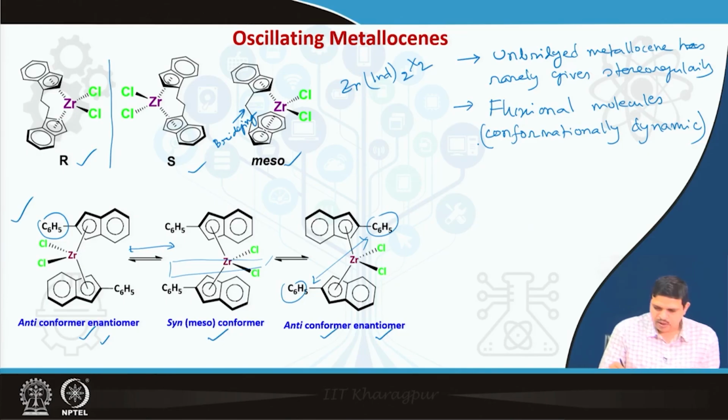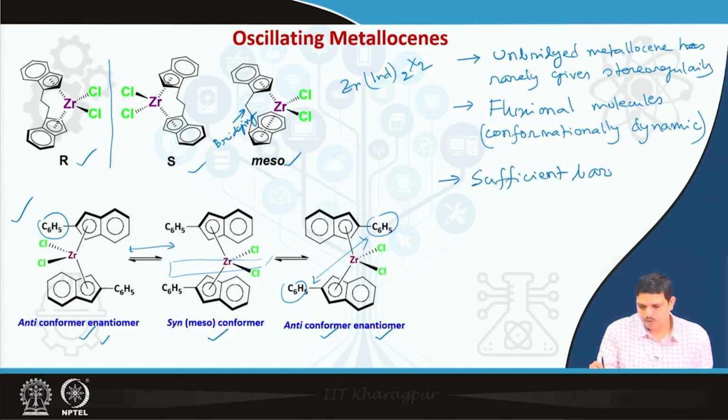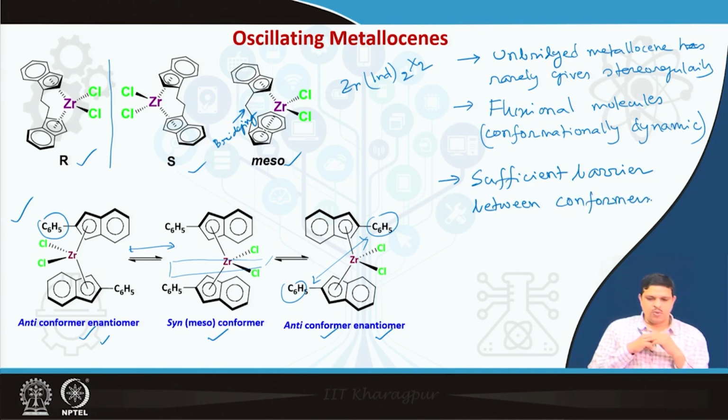So, in this case, what is the barrier? Sufficient barrier between conformers. Okay. So, what will be the result? The result will be that it can provide different stereo polymers with the same metallocene catalyst, and sometimes it is advantageous. Okay.